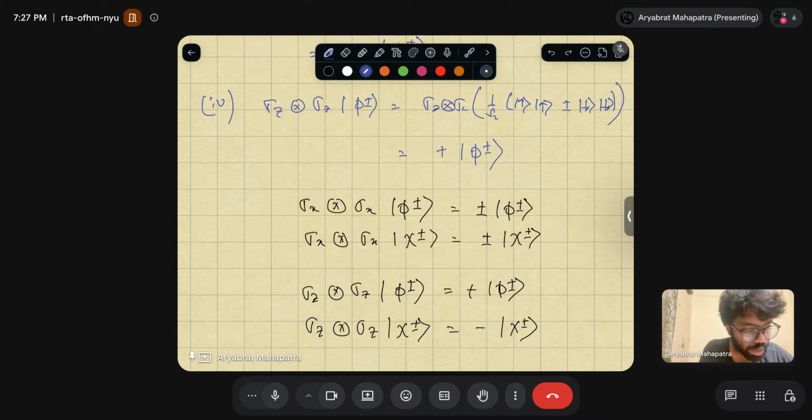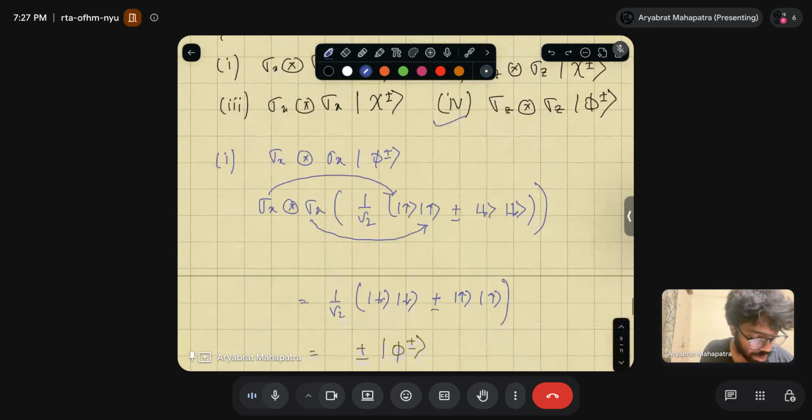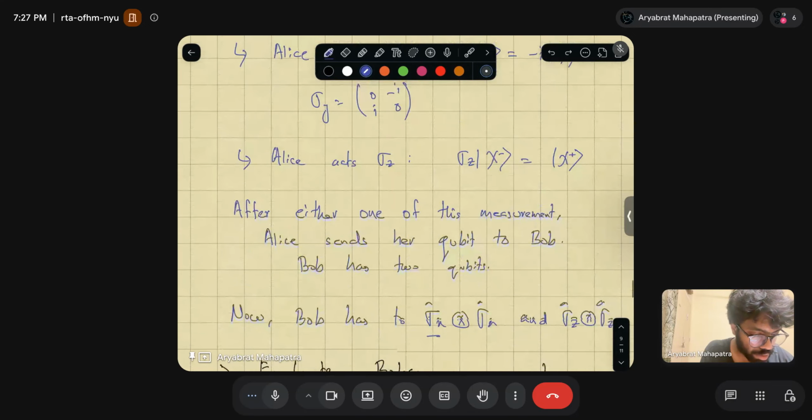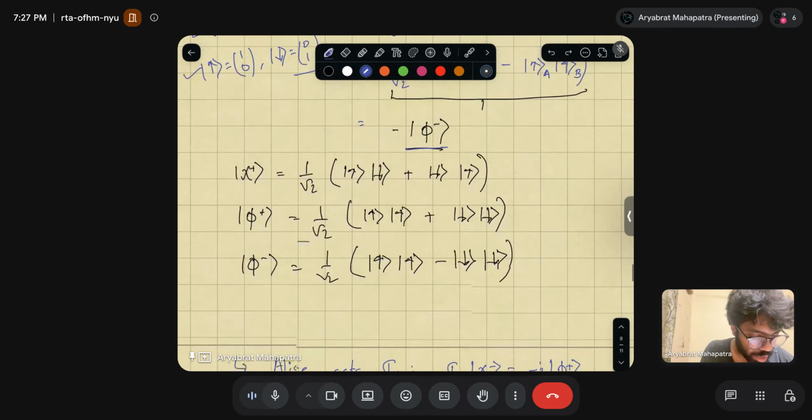Remember, Alice sent her qubit to Bob only after making one of the measurements. So those measurements we have written down.